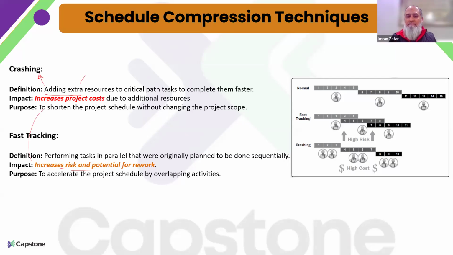Okay, but the point to remember for these two techniques is that crashing is utilized on critical path activities and it will require additional resources. Whereas fast tracking is done on activities that can be started in parallel, where initially they may be planned in a sequence, but to compress your timelines, you try to start doing them in parallel.